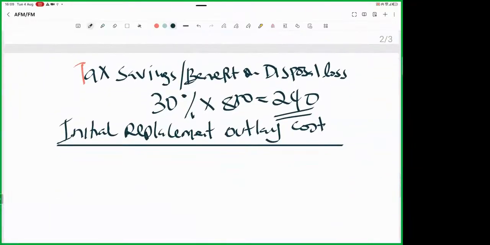So if I go buying this new machine today, how much will I spend? Of course, there will be the cost of the new machine. This you have to pay today. The new machine will be costing how much?